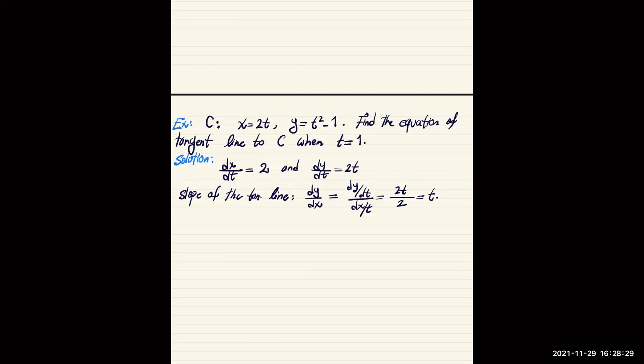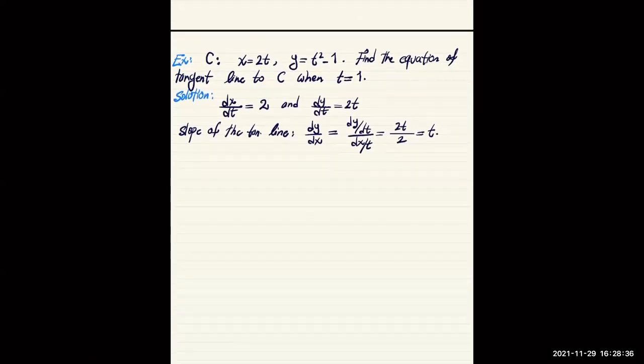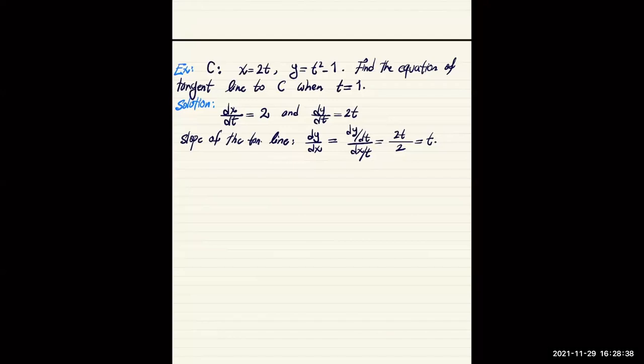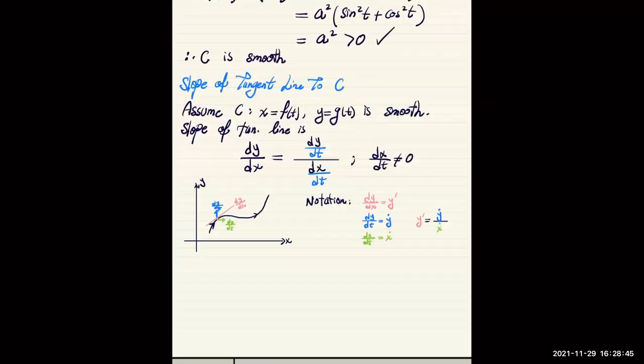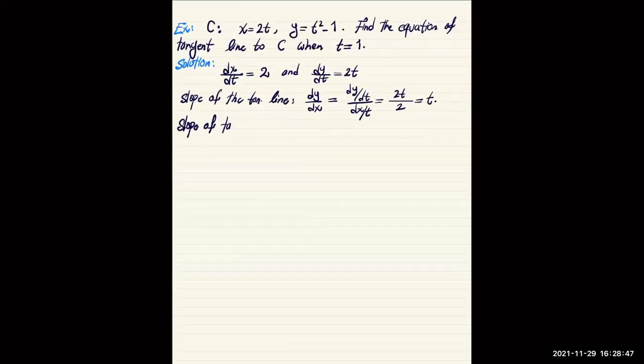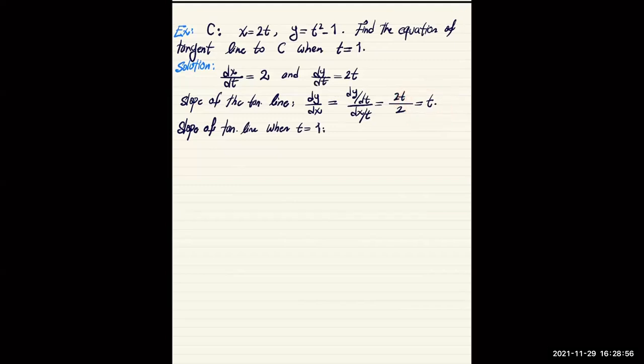Now, we are finding the slope when t is equal to 1, so you have to evaluate the slope at that time. This is the slope for any time, and this is the slope for when t is equal to 1.